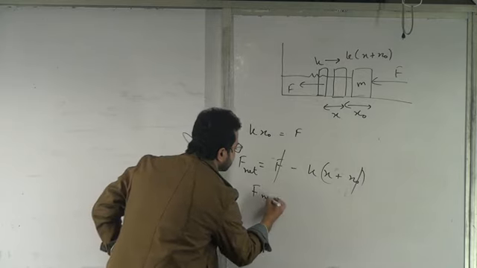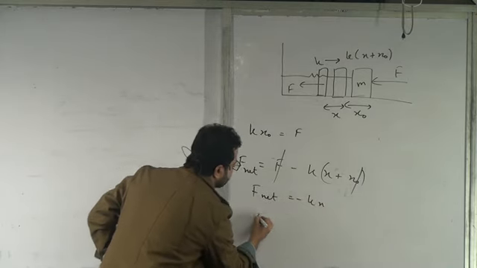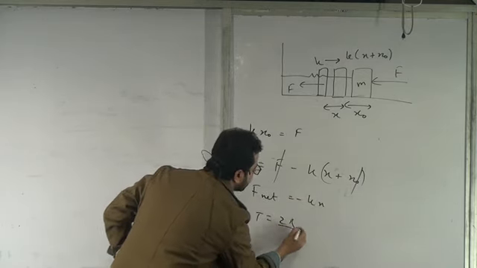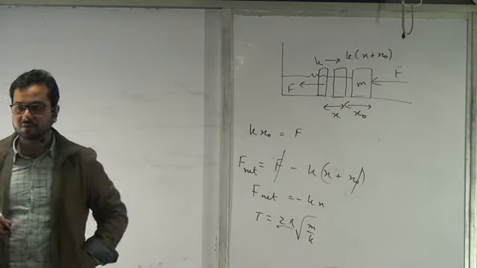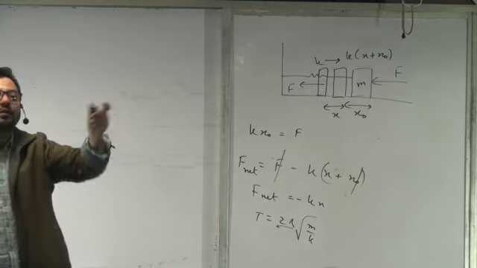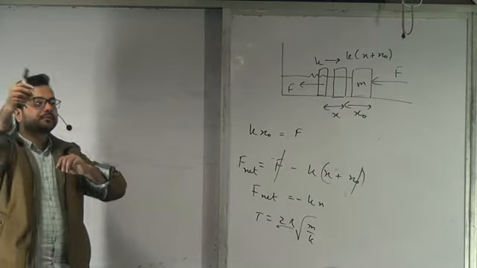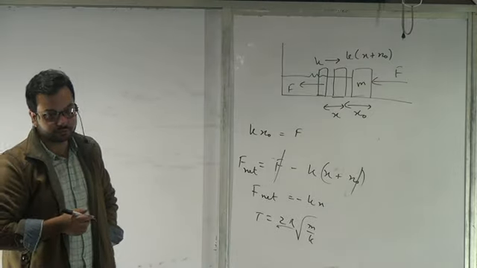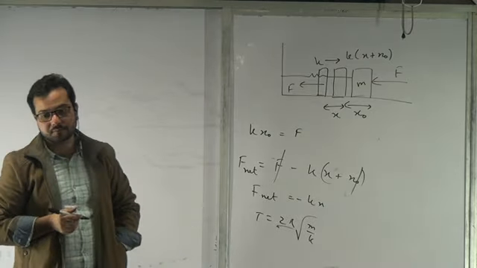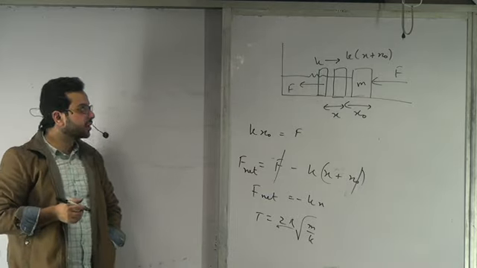You get the net force is equal to minus kx. So naturally the time period will come out to be 2 pi under root of m by k. Is that correct? But the question is, you need to find the amplitude also. How do you find the amplitude? V0, yes. So, sorry, एनर्जी कंजर्व होगा इस केस में.